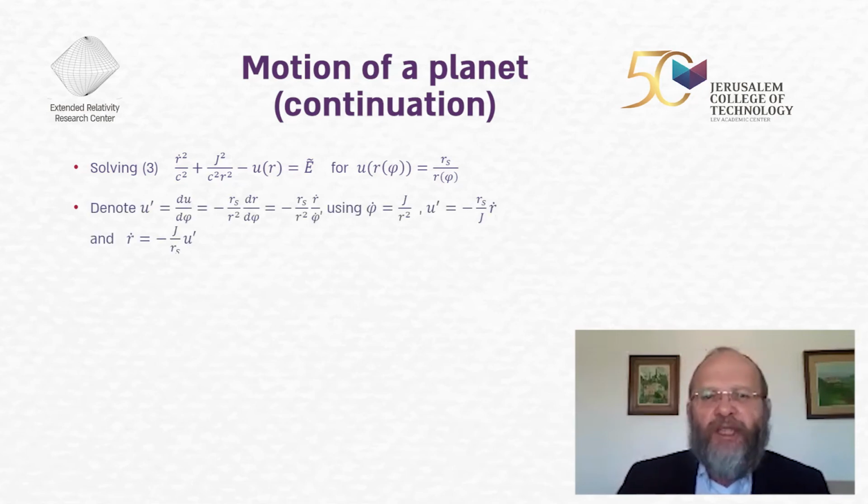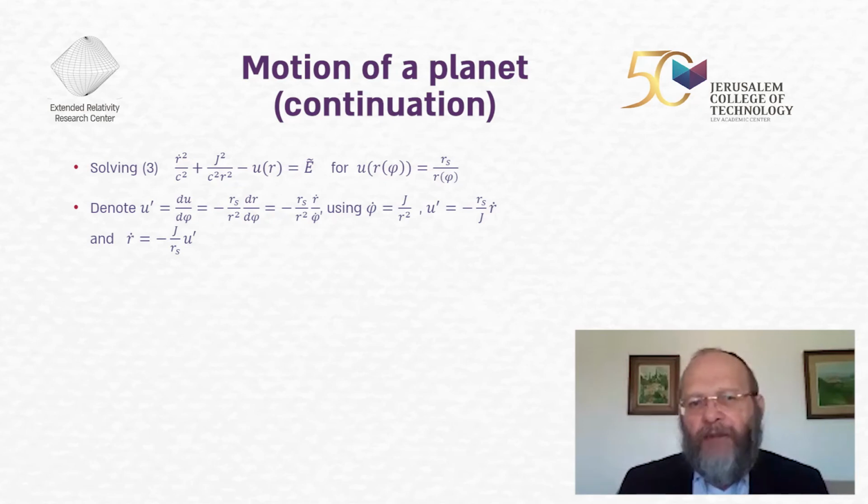So we want to do the substitution. We have to now learn how to differentiate it. We know the derivative of u with respect to phi, u prime, and we differentiate as a function of a function. Rs over r has the derivative minus rs over r squared, times dr d phi.